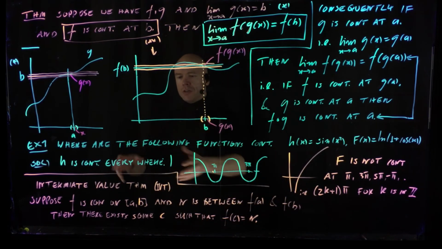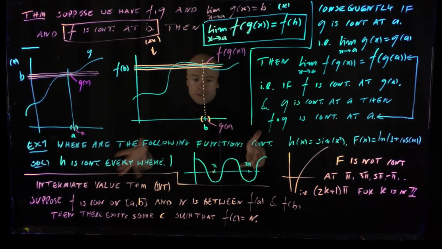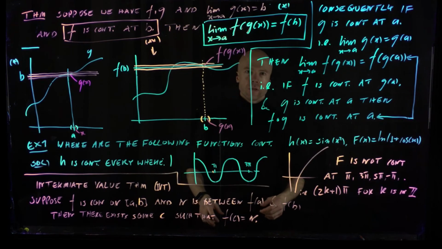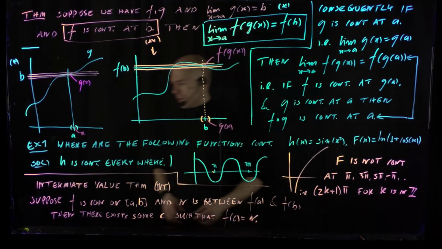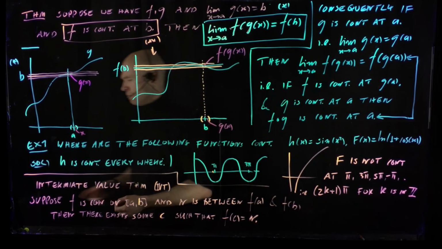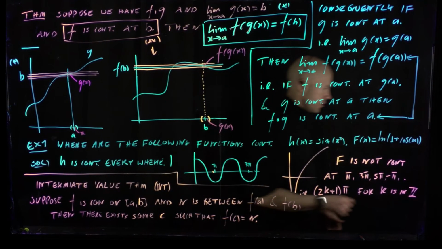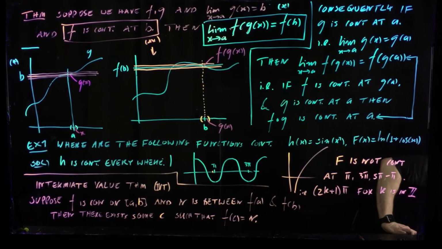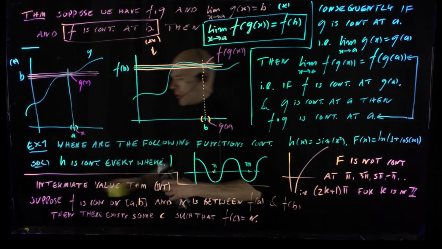Draw a function f that satisfies these hypotheses, and then try and express the hypothesis and see why the conclusion is true. Once you've done that, press play again and see how close the picture you come up with is to what I'm about to show you.